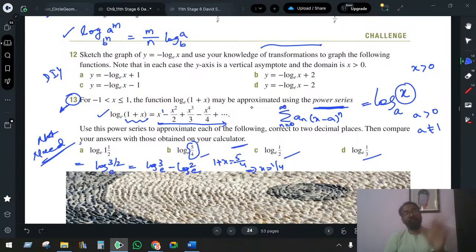See here, what is 1 by 4? In the first term, you will get 1 by 4. 1 by 4 means 0.25.